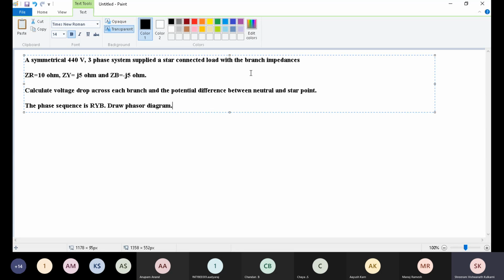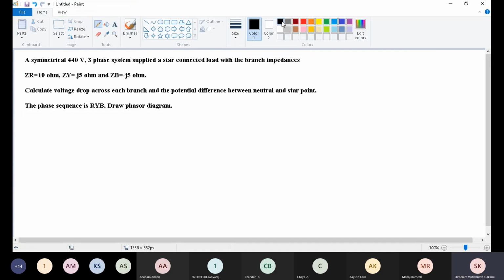Got it? Now let us consider the question they have asked. This is the diagram.